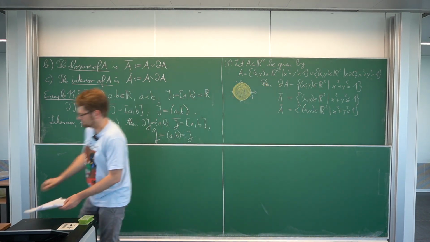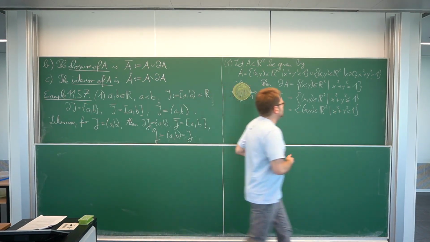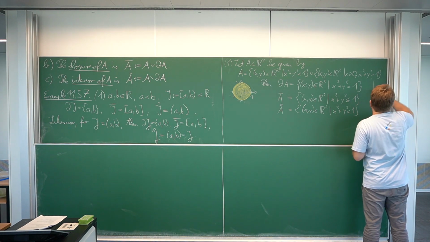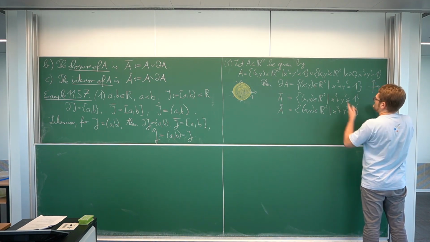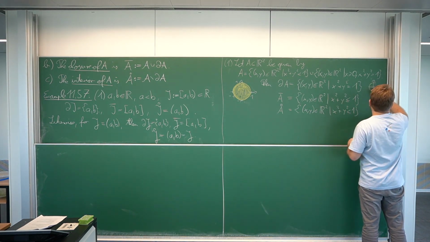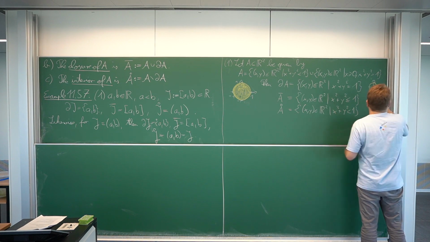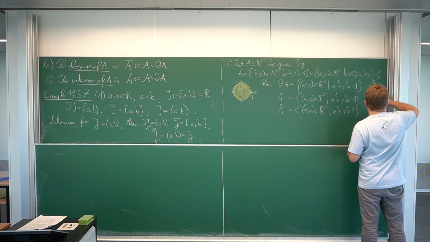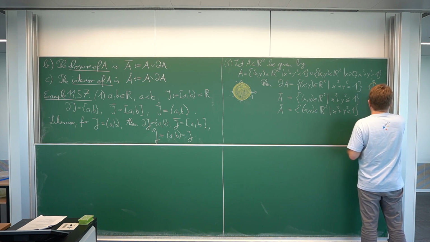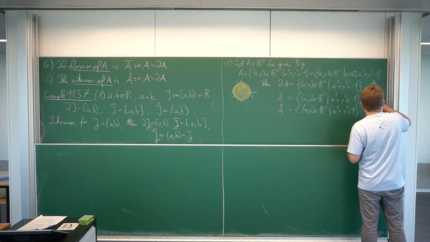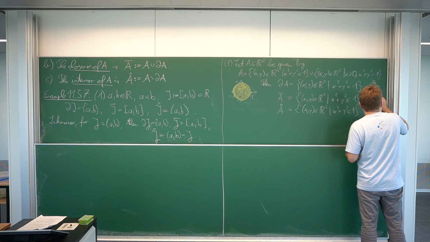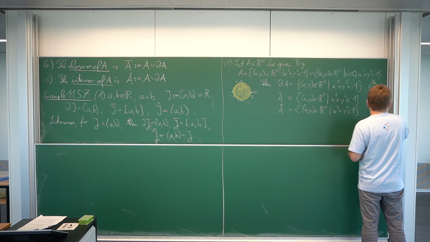So just to memorize, let me do this very small picture here. This would be the circular line, this here would be the circle and the exterior. So this disk with boundary.